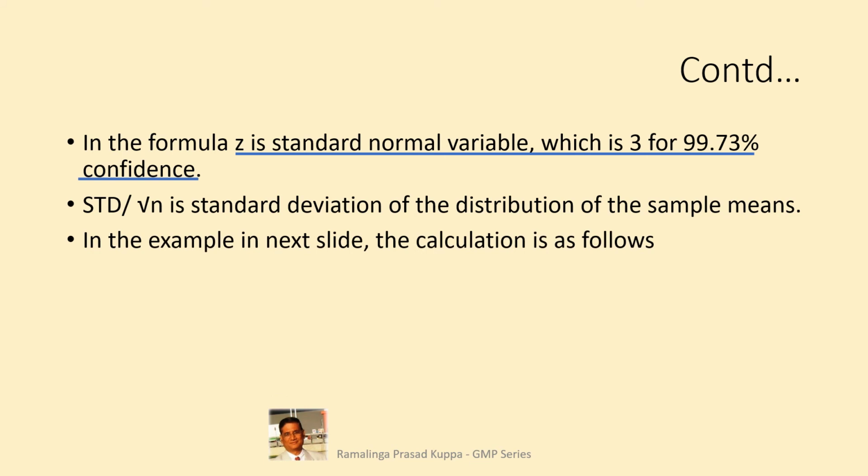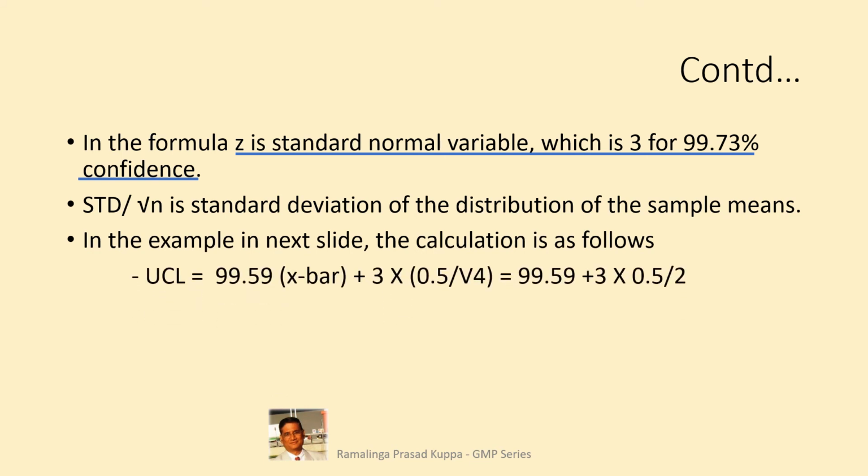In the example in the next slide, the calculation is as follows. The upper control limit is calculated by the X bar value, that is 99.59, plus 3 into the standard deviation of 0.5 of the process divided by the square root of the number of subset points, which is 4.